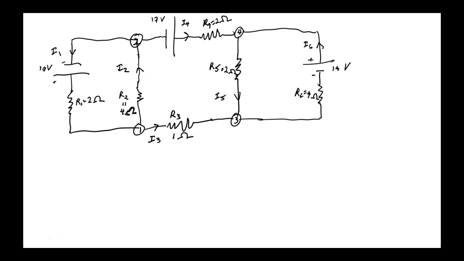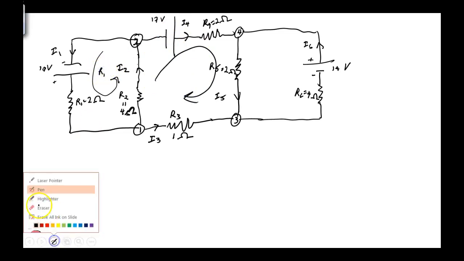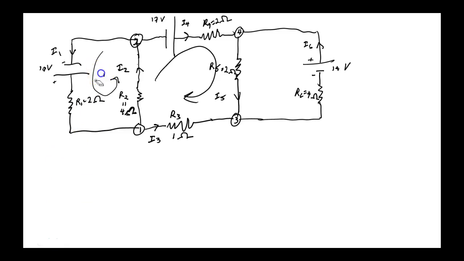I like the idea of this one going in this direction because it's going up in voltage. I sort of like to go up in voltage. This one going in this direction also is going up in voltage. So this is path 1, path 2, and this one I would also have going in this direction, path 3.